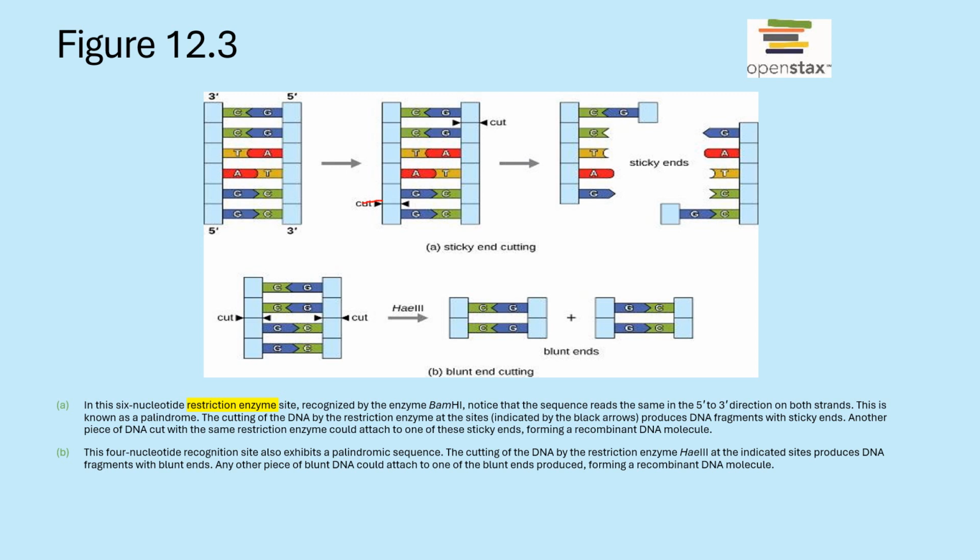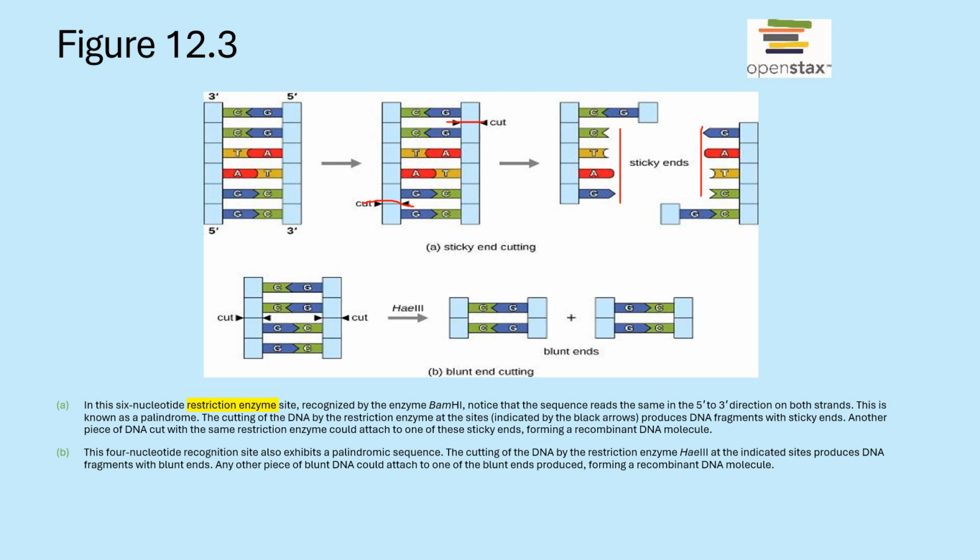So you're cutting right here and right here where it's indicated. So you end up with these ends, but because this has exposed ends right here, we call them sticky ends. If you have a preference and a choice, this is what most people are going to prefer. It just makes it easier to stick your new DNA piece in.